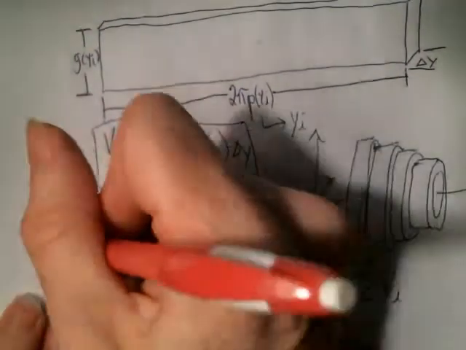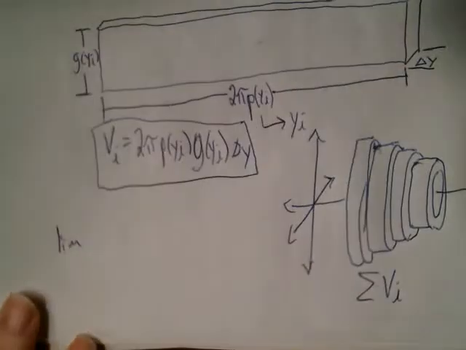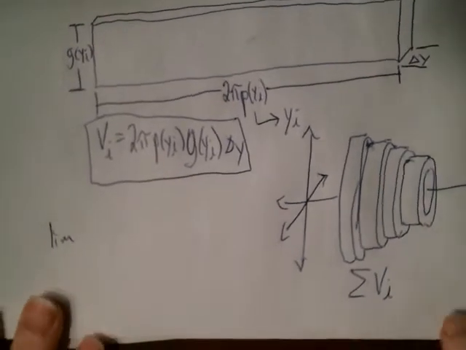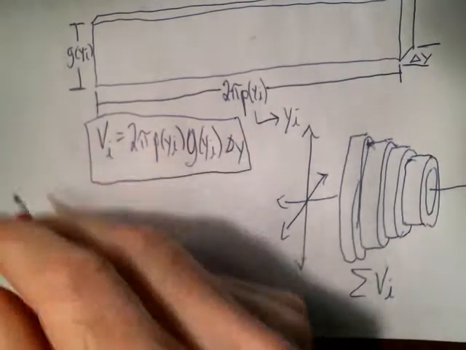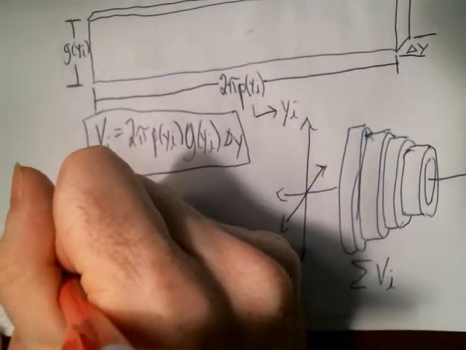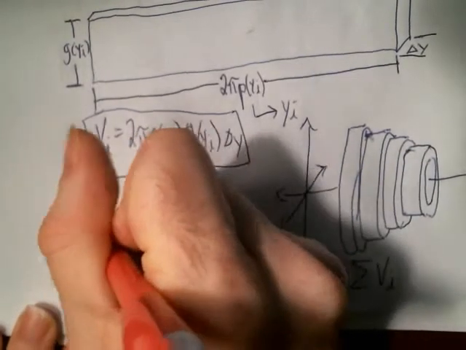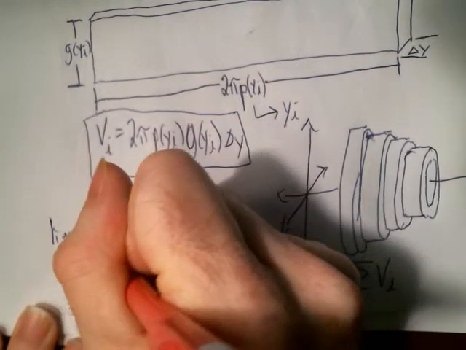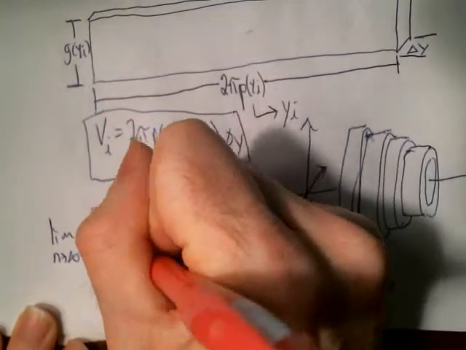And then you take the limit of that as the number of little rectangles goes to infinity, or the number of little shells goes to infinity. It's going to be the sum from i equals 1 to n of v sub i.